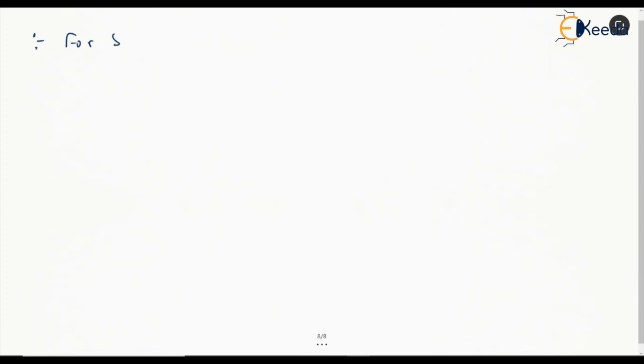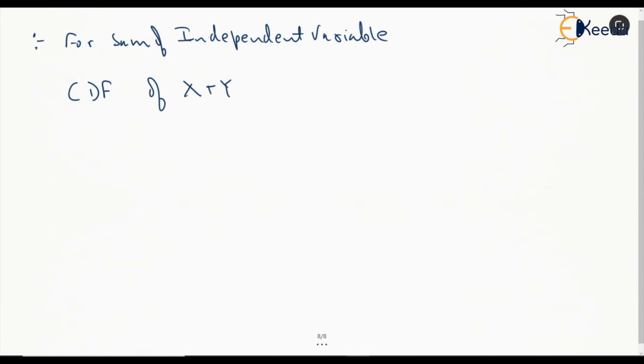For the sum of independent variables, the cumulative distribution function of x plus y at a is the probability of x plus y being less than or equal to a, right?